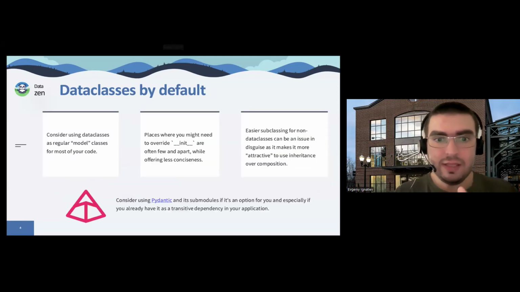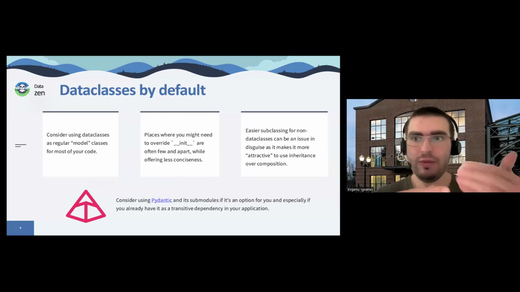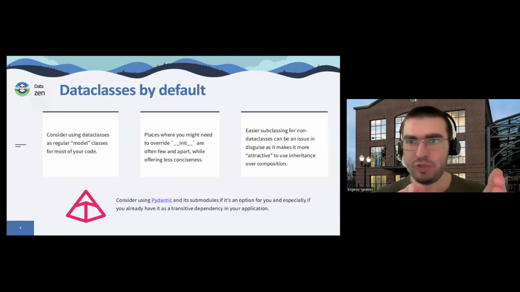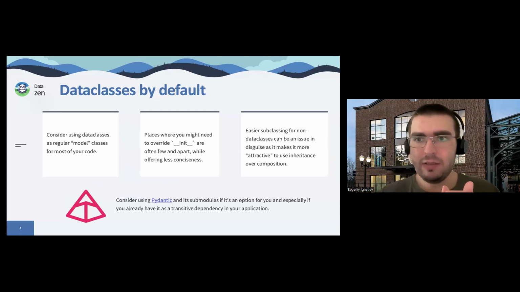Let's move on. Data classes by default. This is something that I think is important to use. Many developers consider data classes to be useful, or at least intended, only for data transfer objects or data objects. But in reality, even if you look at the PEP introducing data classes itself, it talks about providing this template functionality where you can create, in a fast, streamlined manner, your class with already defined init and other methods like equals and actually hash as well.